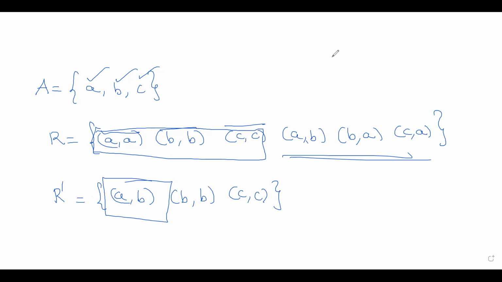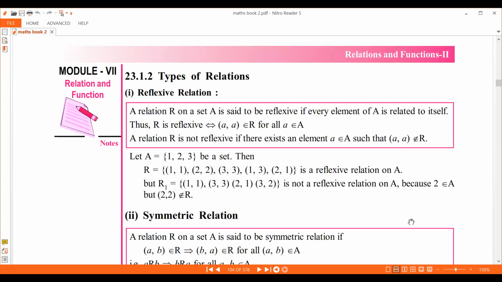Sometimes this is really confusing, so you don't have to check any other element. Check the doublets, whether for each corresponding element of A you can find the doublet. Then only you will say that it's a reflexive relation. In the earlier one, (2, 2) is missing in R, so it's not a reflexive relation. Clear? Now let's move on.